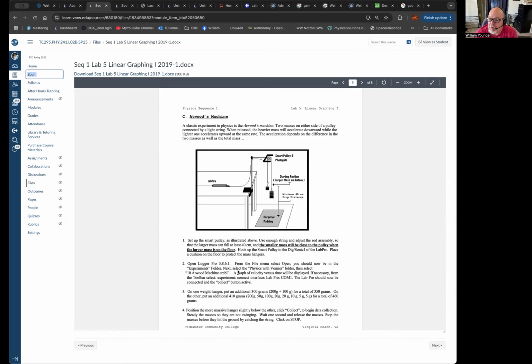So in principle, you could plot (M2 minus M1) times g on the horizontal axis, and the y variable would just be the acceleration. And since M1 plus M2 is a constant, you have a very obvious slope that hopefully you can figure out. If you chose to do M2 minus M1 in kilograms as opposed to newtons, then you'd have a slightly different but obvious slope. I would say it's different by a factor of 9.8, for instance, 9.80.